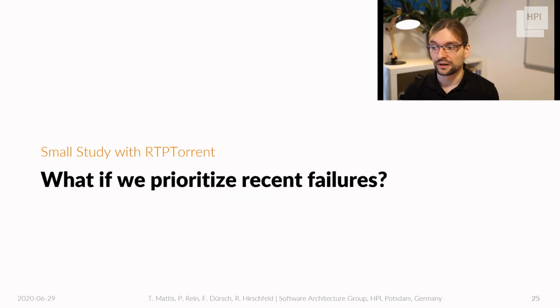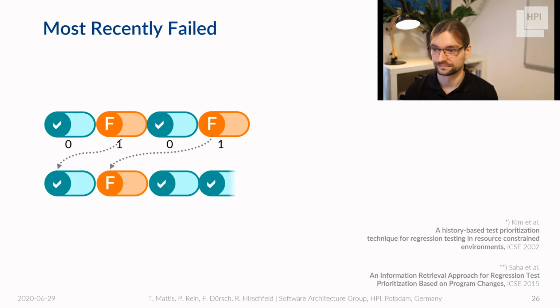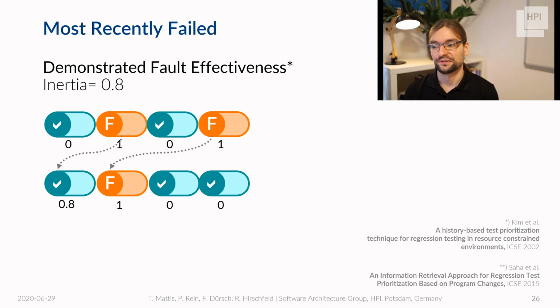Okay, so how do we prioritize recent failures using this dataset? Well, we can now answer this question. We conducted a very small study using our data, and we prioritize the most recently failing tests, so that the failed test gets executed first in the next schedule. And we recompute priorities using an exponential average, or exponential smoothing.